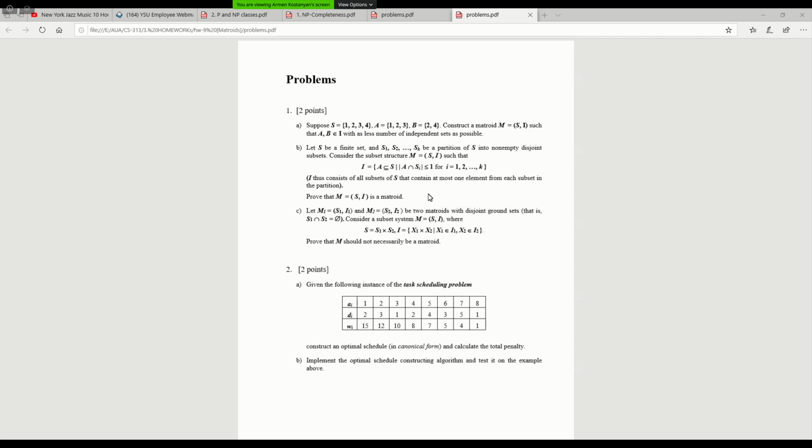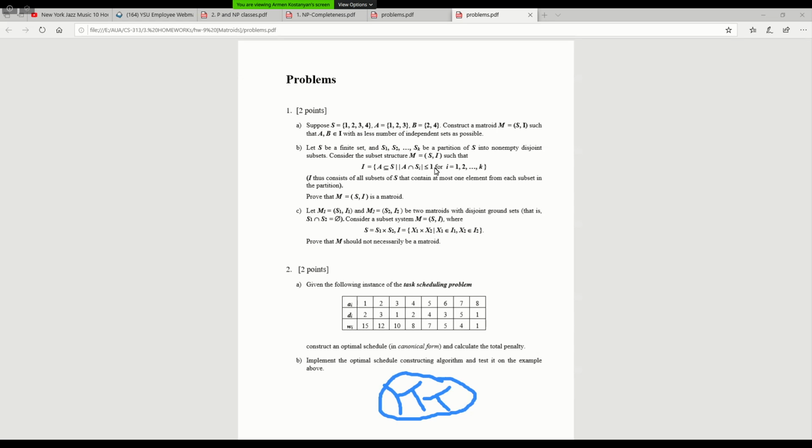In subproblem B, we have a partition of S into some disjoint sets, S1, S2, and so on. Then we consider a subset system.